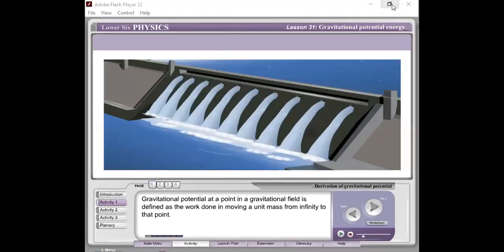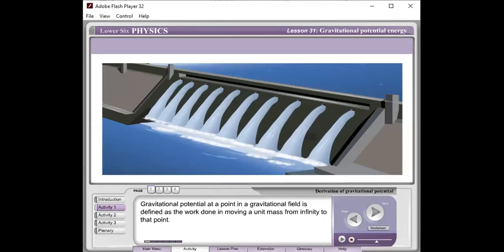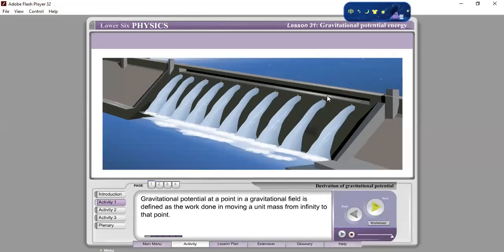Gravitational potential at a point in a gravitational field is defined as the work done in moving a unit mass from infinity to that point. Ladies and gentlemen, gravitational potential and gravitational potential energy are different things, yeah?